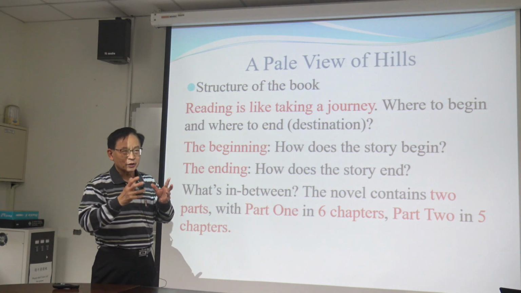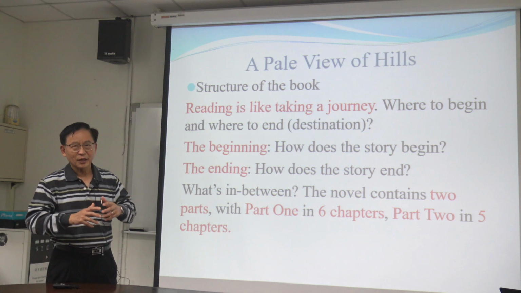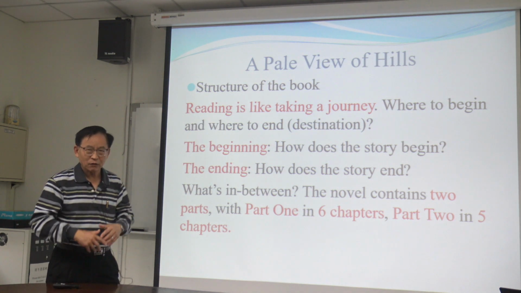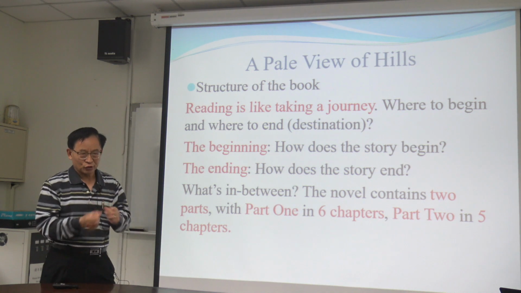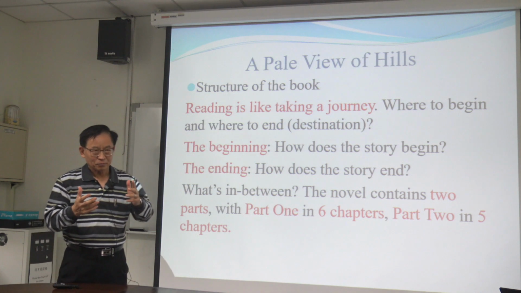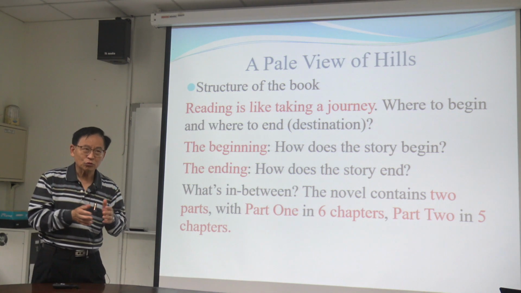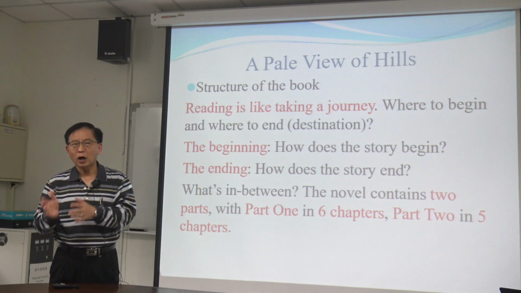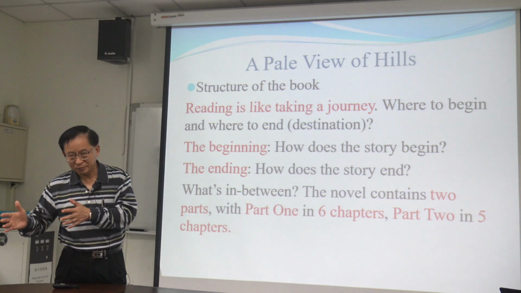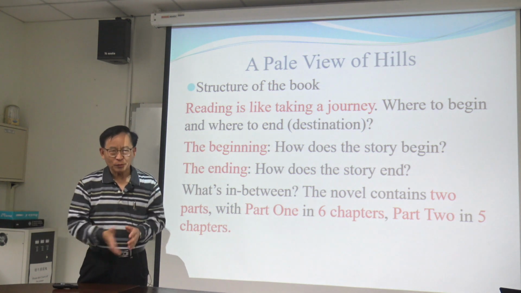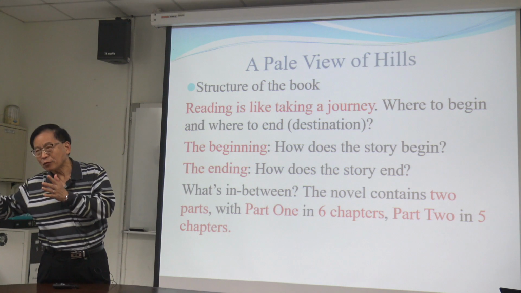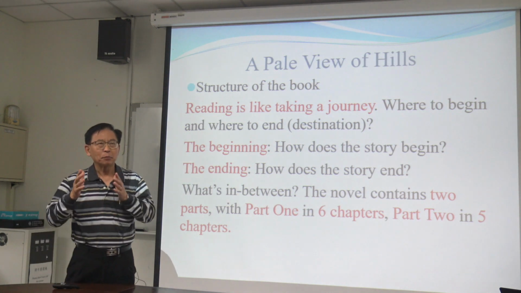How the book is structured, like an architecture, how a building or a house is structured. And this novel, we come to realize, is divided into 2 parts, altogether 11 chapters, with the first 6 chapters as part 1, the last 5 chapters as part 2.